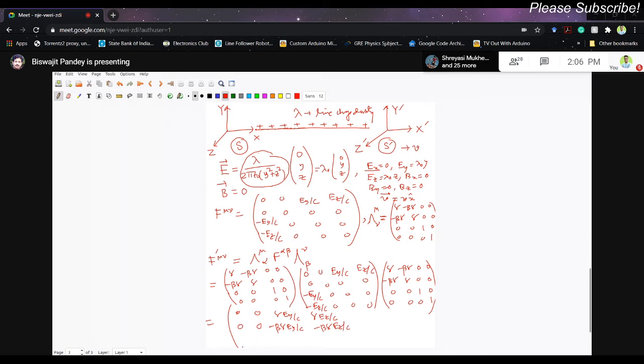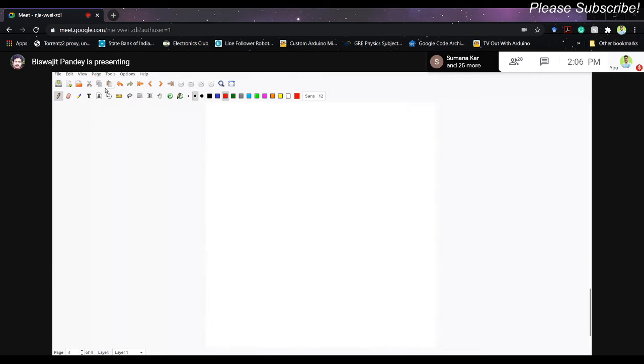Of course, it is easy to write down these things. Maybe I can go to the next page. This looks quite clumsy. So what I am doing here is writing the product tensor F'^{μν}, which is Λ^μ_α F^{αβ} Λ^ν_β.